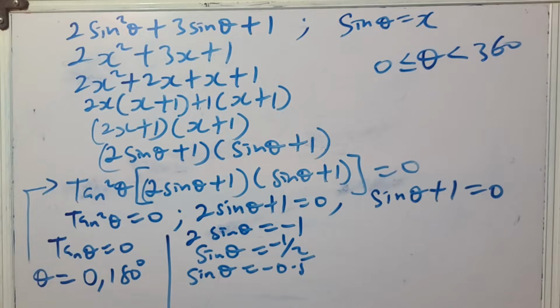In this case, you can see that your sine is actually negative. So you have to ask yourself, where is sine negative? Sine is negative in the third and fourth quadrants. But what is theta? You need to first find arc sine 0.5. What's arc sine 0.5?